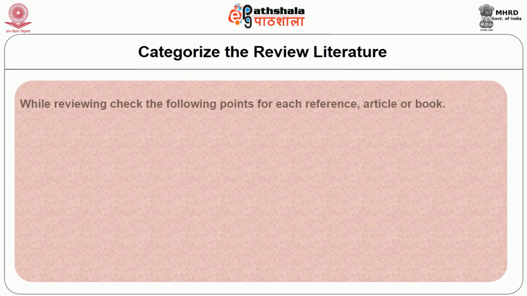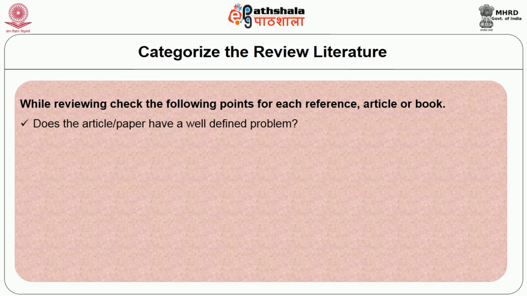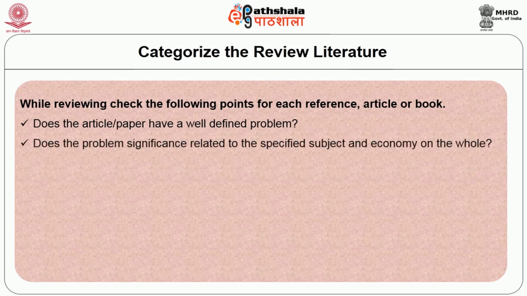While reviewing, check the following points for each reference, article or book. These points are: does the article or paper have a well-defined problem? Does the problem signify related subjects and economy as a whole?